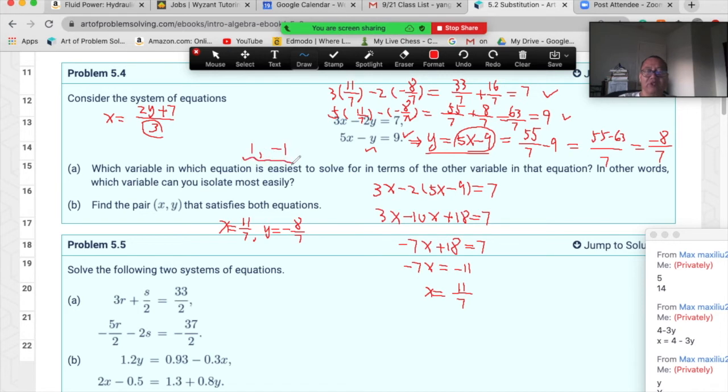If you use substitution, the variable you are trying to isolate should have a coefficient of 1 or negative 1. This way, you get that expression all related to integers, no fractions.